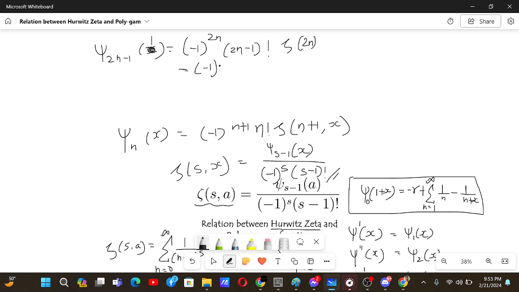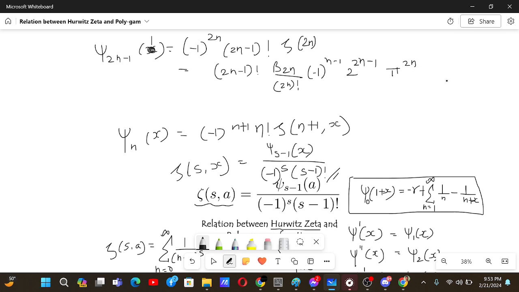Yeah, now this is just 1, no need to write because we have even powers, and this is 2n minus 1 factorial. Now this is Bernoulli of 2n by 2n factorial. Yeah, and then minus 1 to the power n minus 1, 2 to the power 2n minus 1. Yeah, and then pi to the power 2n.